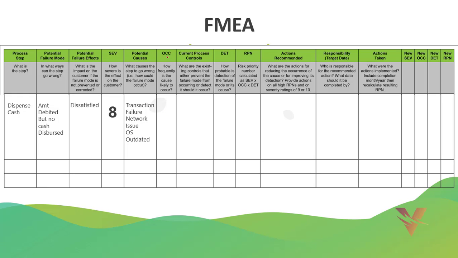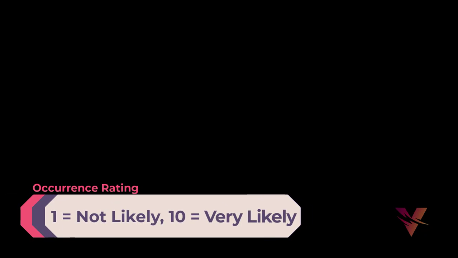Next here, how frequently this problem is occurring. That is, in occurrence, we need to specify how frequently it is occurring. So this will also be on the scale of 1 to 10, where 1 is not likely, 10 is very likely.